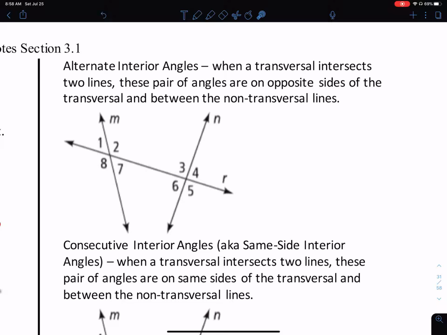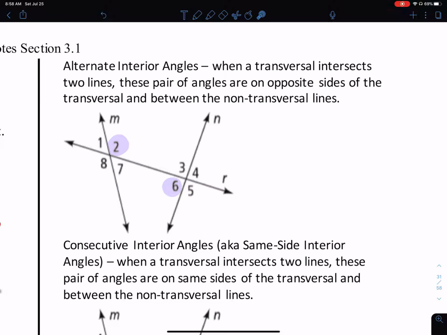Alternate interior angles. When a transversal intersects two lines, so here's our transversal, here's our two lines, this pair of angles, alternate interior angles, are on opposite sides of the transversal and between the non-transversal lines. So that means angles 2 and 6.